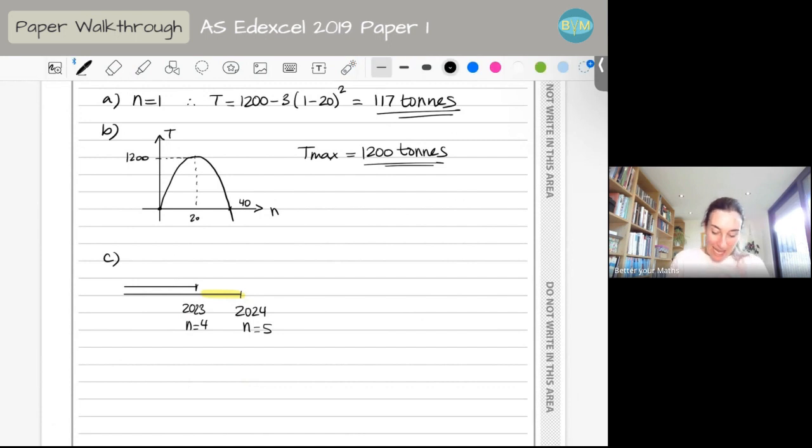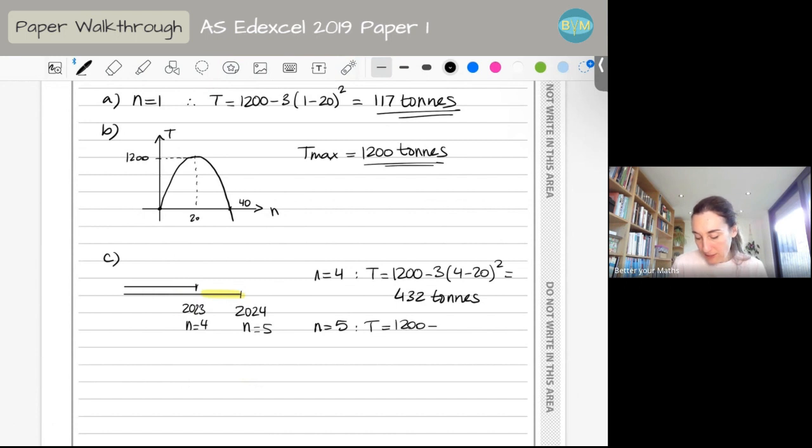Okay, so then when n is 4, t is just substituting, is 1200 minus 3 times (4 minus 20) squared. We find that, and I get 432 tons. That is until January 2023. When n is 5, I have t is 1200 minus 3 times (5 minus 20) squared.